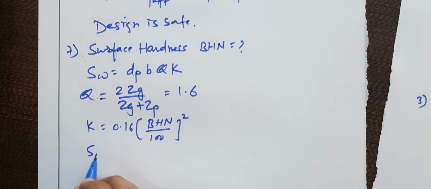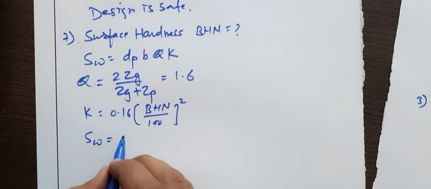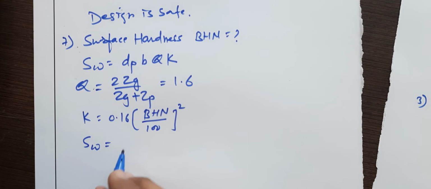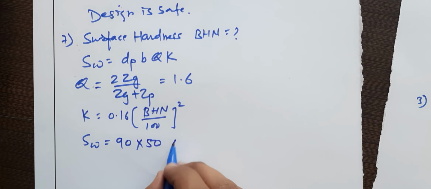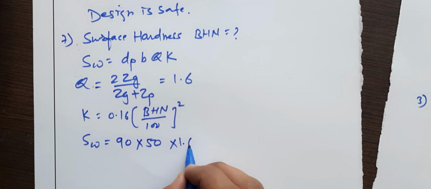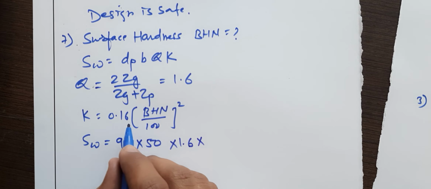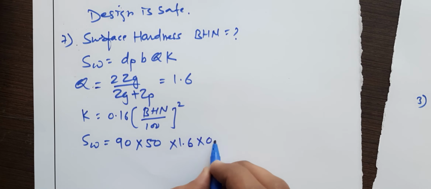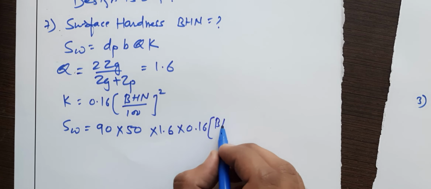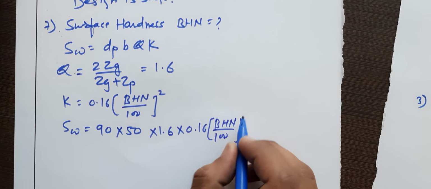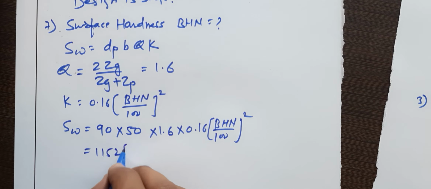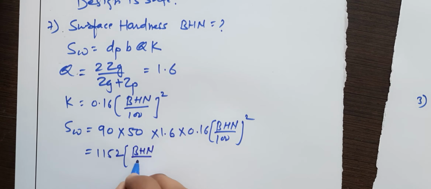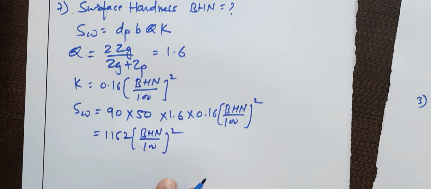So SW is equal to dP is 90, B is 50, Q is 1.6, and again 0.16 BHN by 100 square. If you calculate it, you will get 1152 BHN by 100 square.